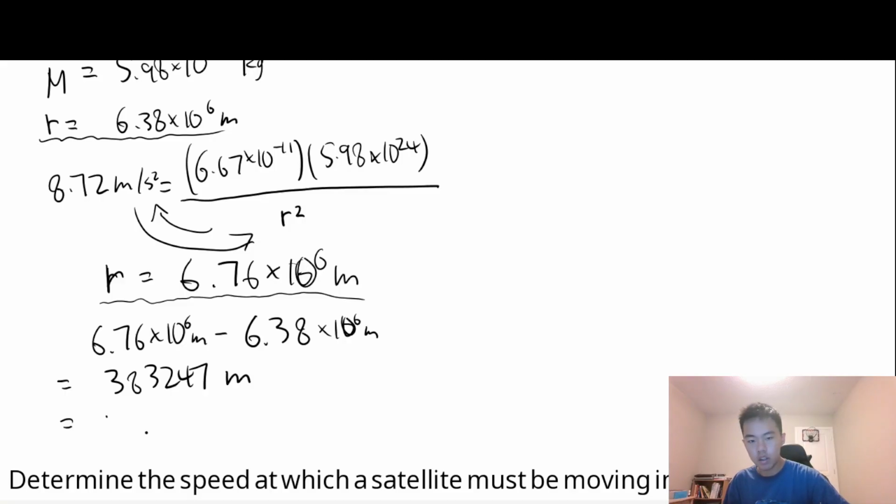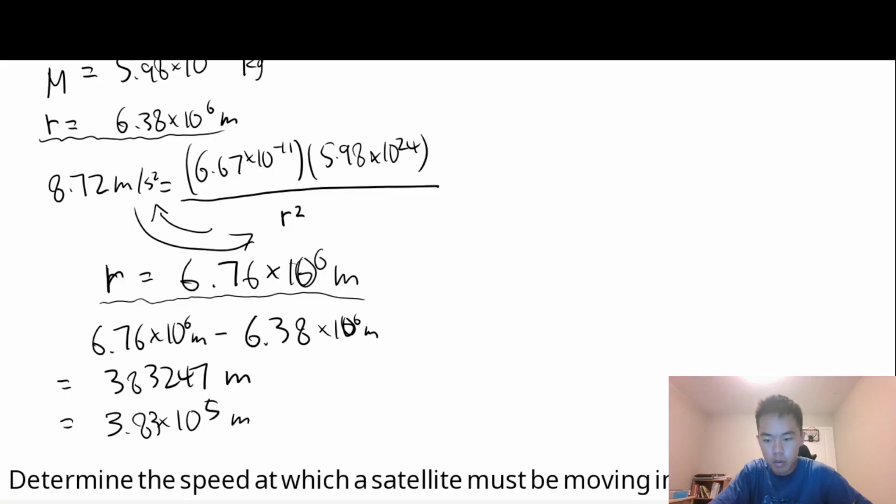Wait a minute, I'm getting something wrong. Apparently it says it's 393 kilometers. I don't know. I feel like it's 383 though. We'll see who's right. I don't think I'm getting anything wrong. This is 3.8 times 10 to the 5 meters. 3.83.